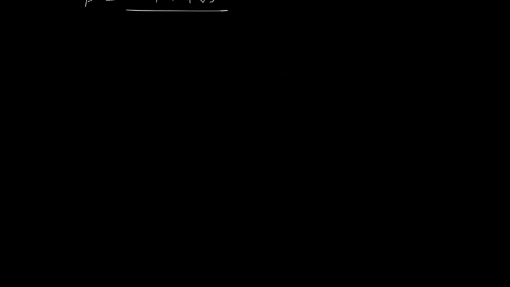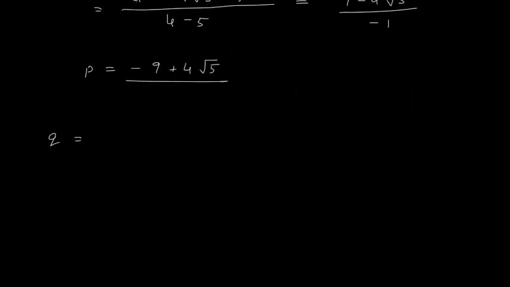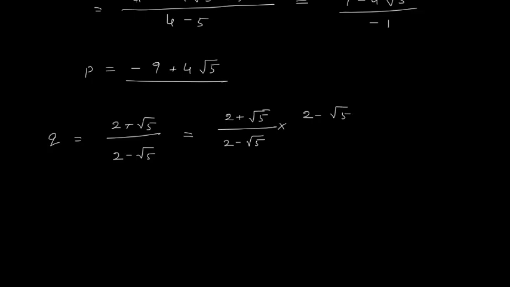So value of Q is 2 plus root 5 upon 2 minus root 5. Here you rationalize it, 2 plus root 5 upon 2 minus root 5 into 2 minus root 5 divided by 2 minus root 5. Here is a mistake, here I have to use plus sign.